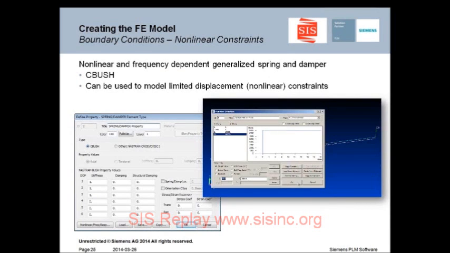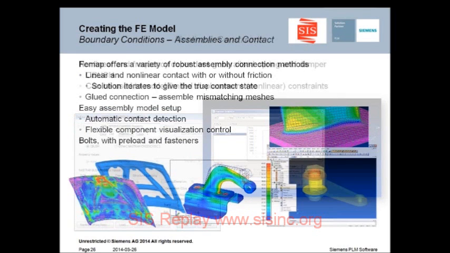We can get into some nonlinear constraints, and that's the Nastran C-bush, essentially, that we're talking about here. This is a nonlinear and frequency-dependent generalized spring and damper element. And you can do a lot of wonderful things with this kind of element to get into more advanced types of boundary condition definition.